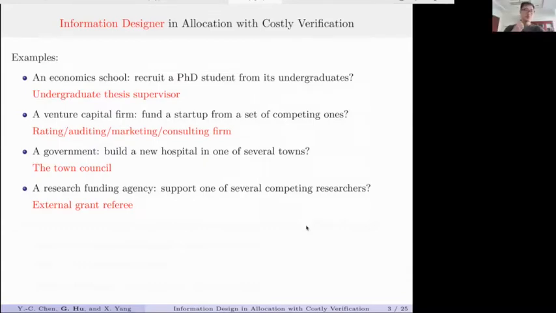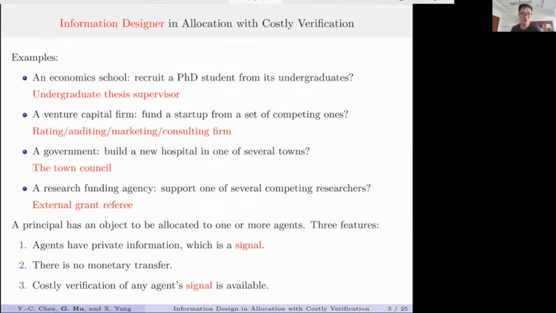So basically we have 3 people in the model. The information designer designs the information that is received by both the principal and the agent. So let's see how the information designer may affect the 3 features of the allocation problem.